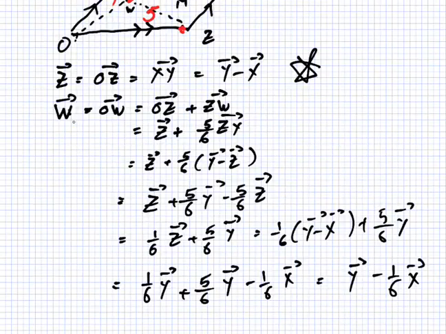And how did they find 2/3 in the book? I think the book is wrong, because this is what I got. Unless I made some mistake here.